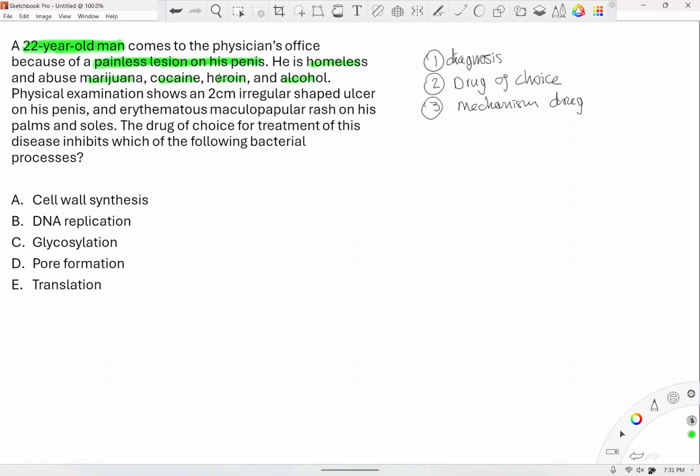So painless ulcer in a young man that is at risk of STDs. Physical examination shows 2 centimeter irregular shaped ulcer. And this ulcer is painless, right? And in addition to the ulcer, there is a rash. A rash that is red, erythematous means red, macules means flat, papule means raised.